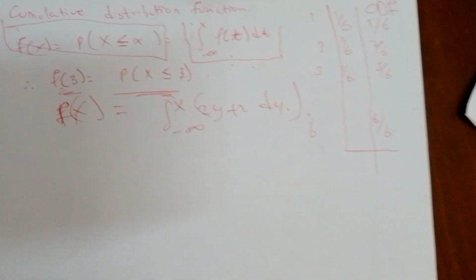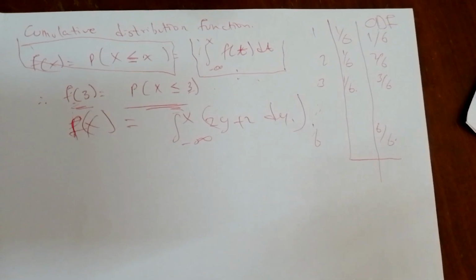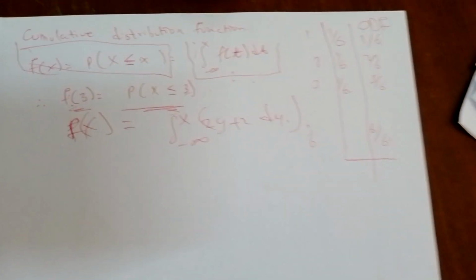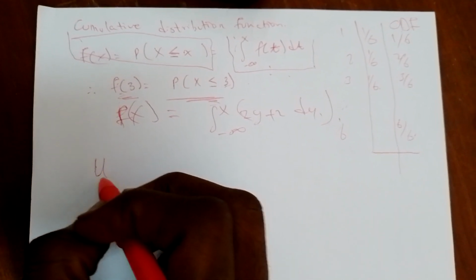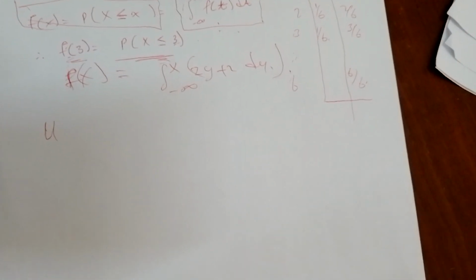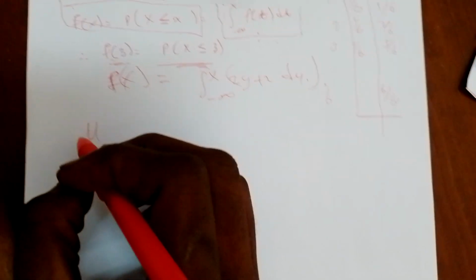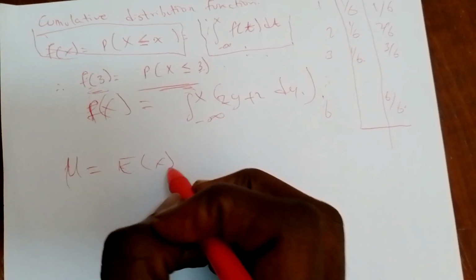Okay. So as we continue, I'll just relate everything to discrete variables because that's what we've done before. So in continuous variables, you can also find your mean, standard deviation. Your mean is the same as the expectation, right? So remember, if you have your mean like this, the same as your expectation of x.